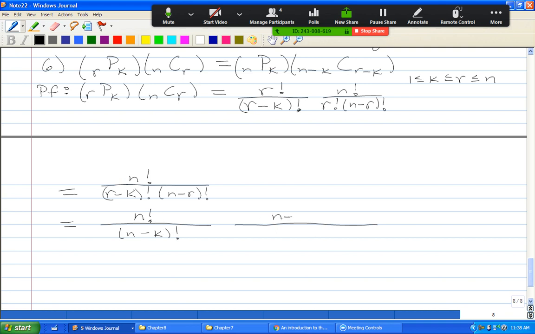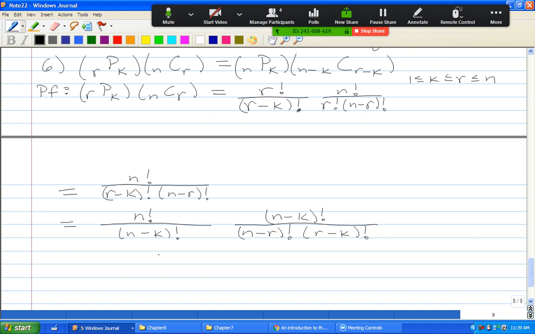Well, then I need an N minus K factorial here. Okay, that's fine. And then what remains is N minus R factorial times R minus K factorial.